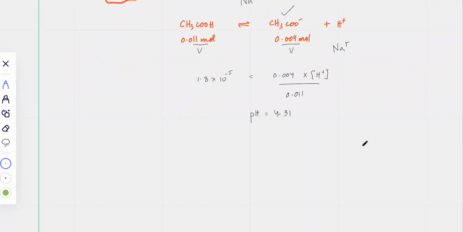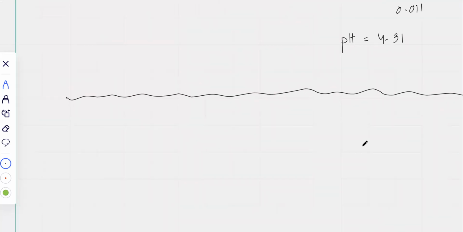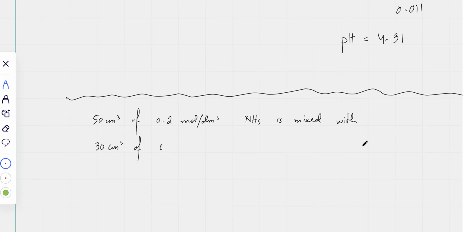Let's try another similar question. Now in this question, 50 cm³ of 0.2 mol/dm³ NH3 is mixed with, let's say, 30 cm³ of 0.2 mol/dm³ HCl.